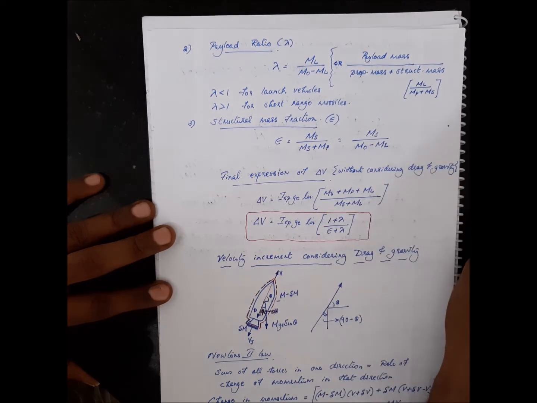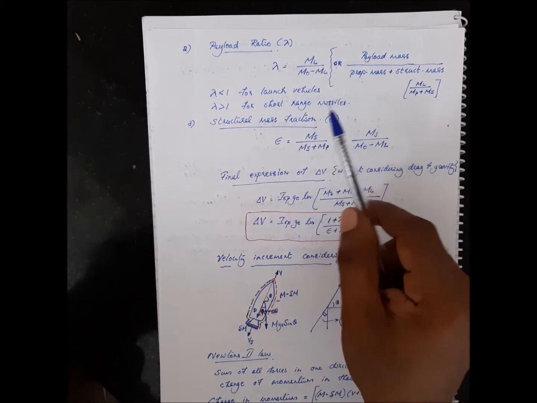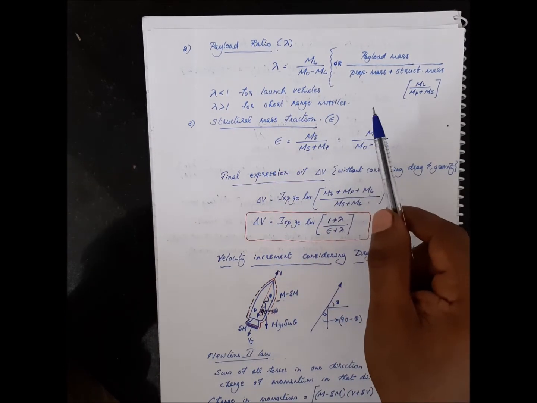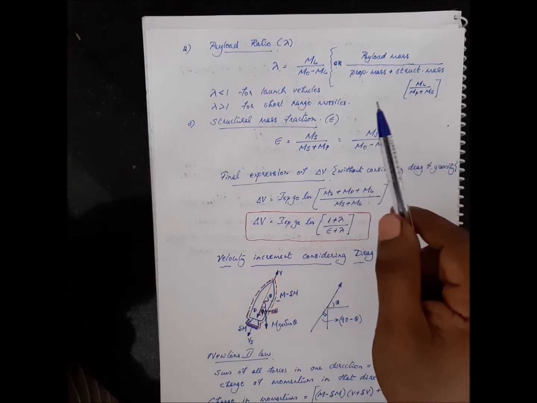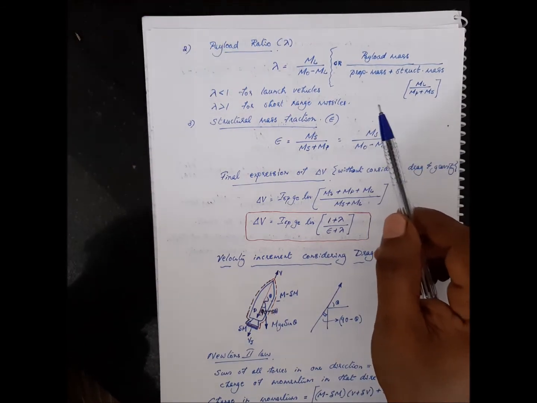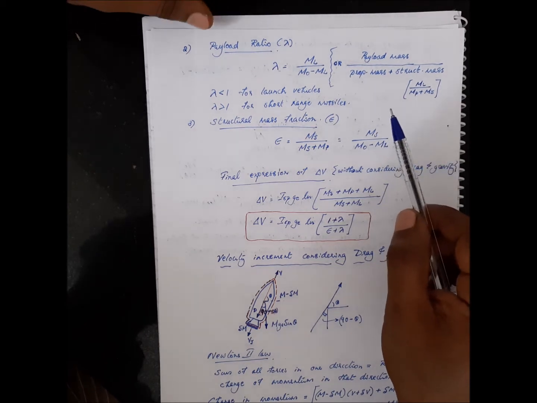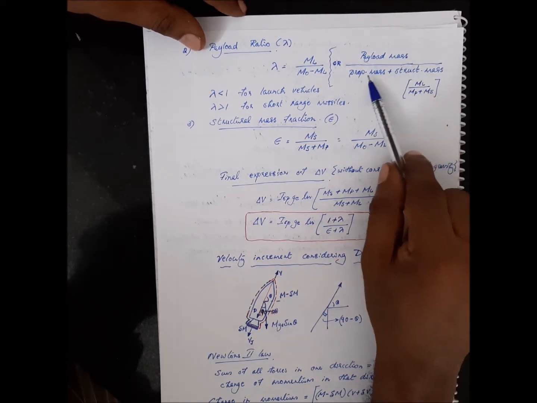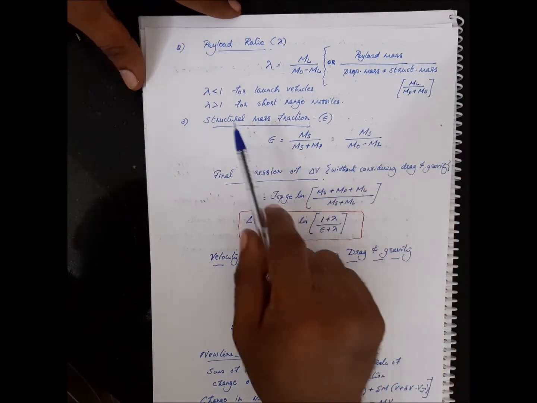So plainly you can remember this as, lambda is indicative of the payload fraction or payload ratio. This is payload mass divided by the propellant mass and the structural mass. Other than the payload mass you have propellant and structural. You can remember like that.